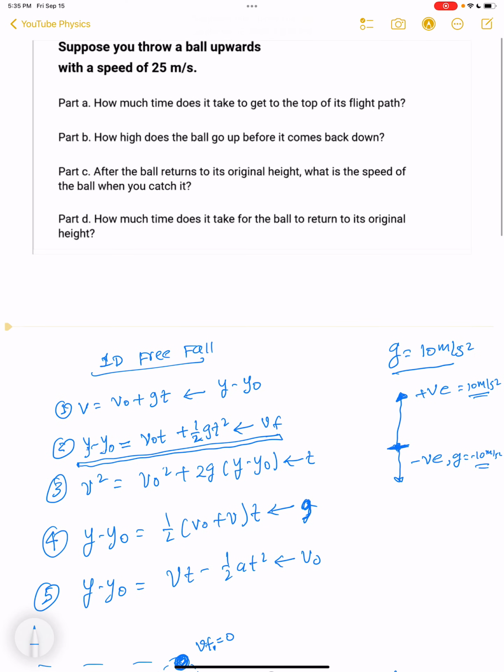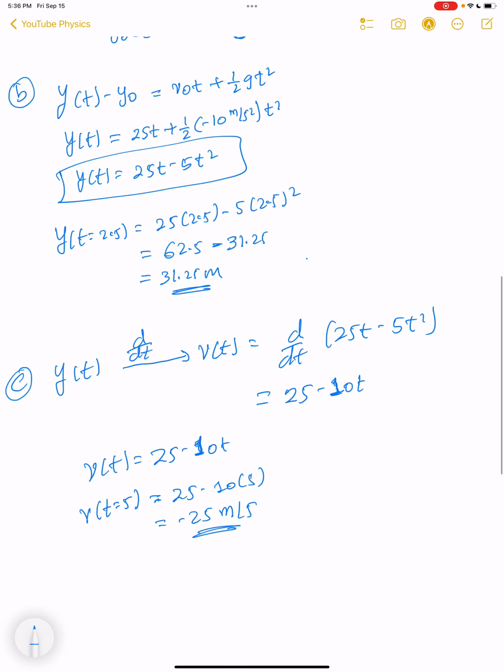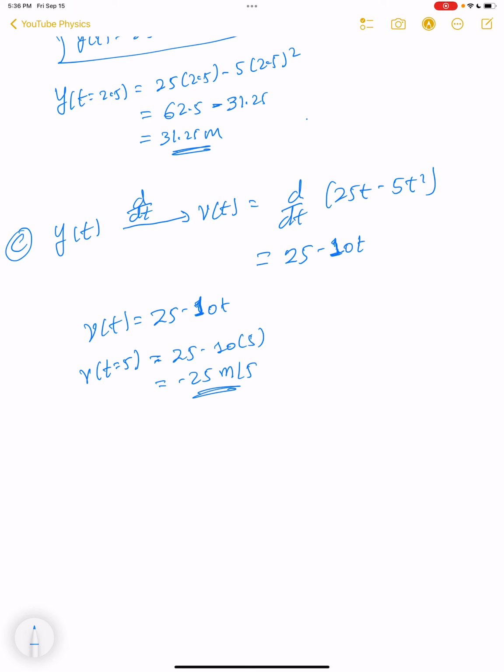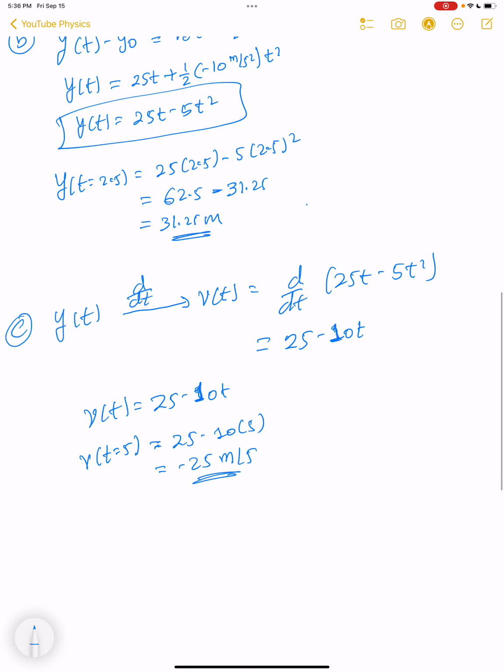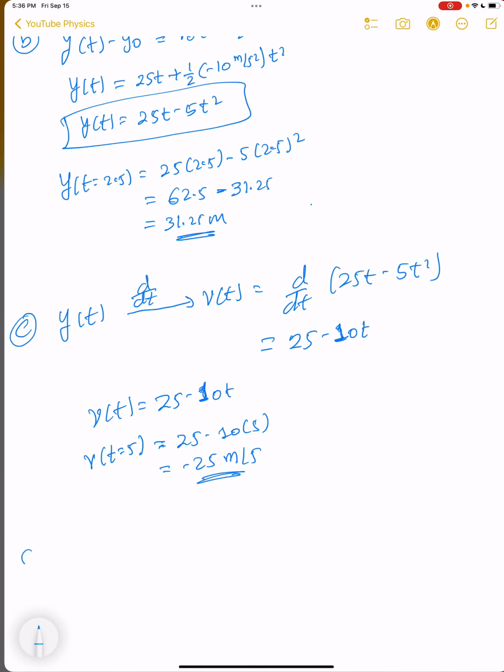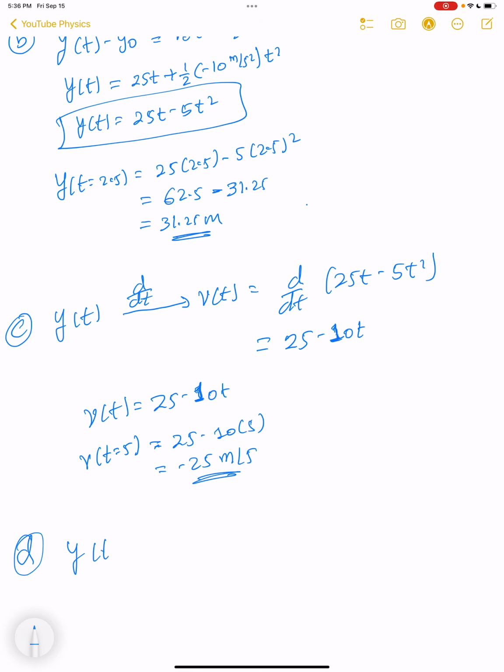And the last one is, how much time does it take for the ball to return to its original height? This also becomes very simple using that expression for position, y of t equals 25t minus 5t squared.